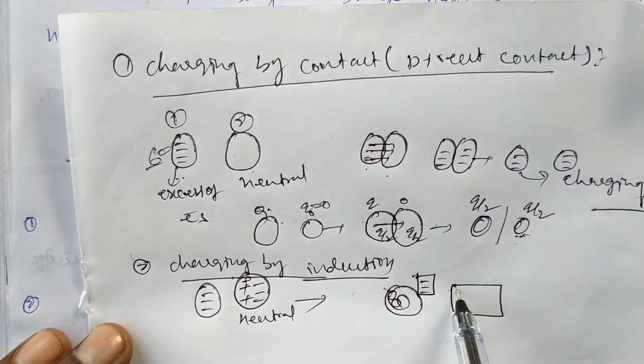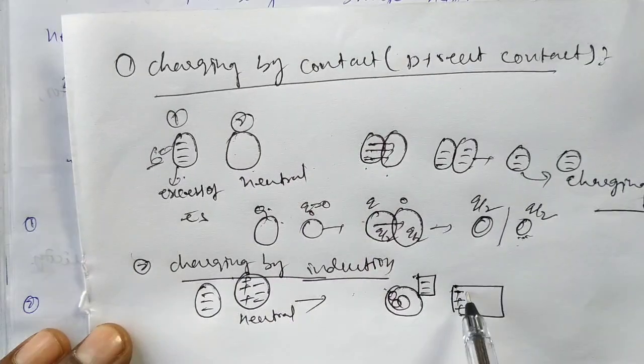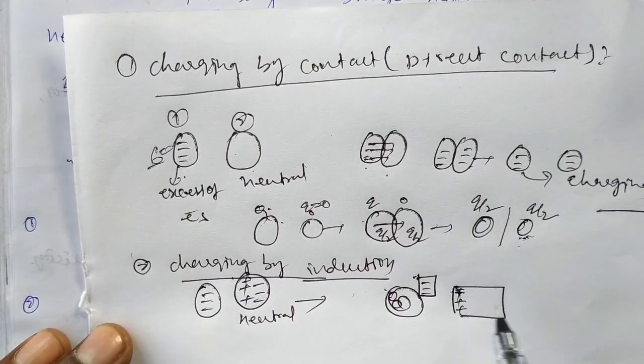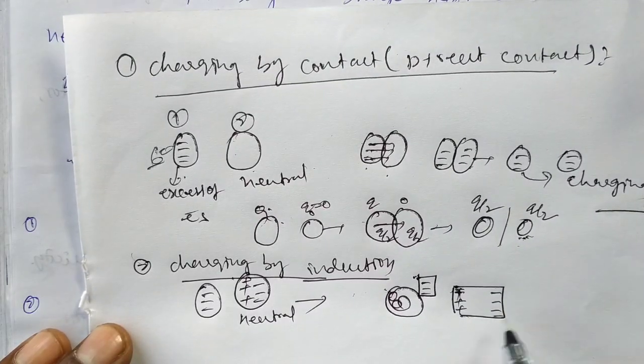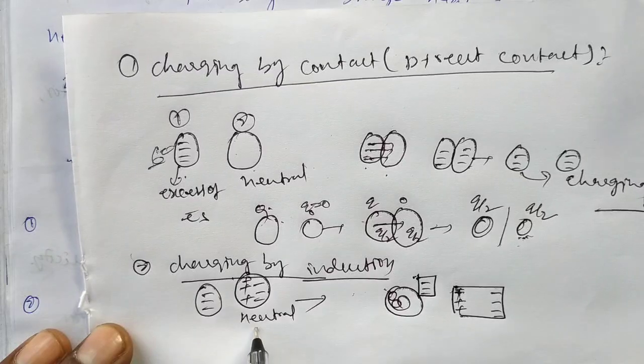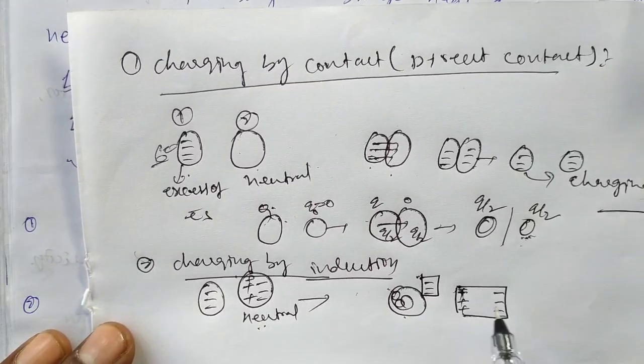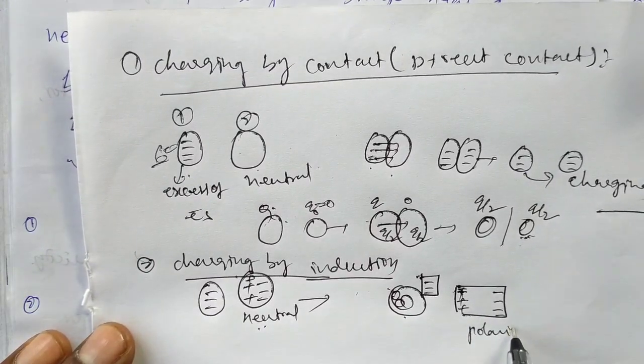On the negative side, positive charge carriers can be attracted, that is attraction force, and the remaining negative charge can be separated. That means the neutral body is in its first initial state, and in the next state it can be polarized.